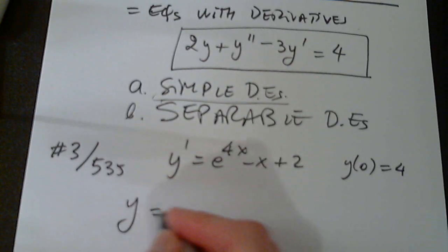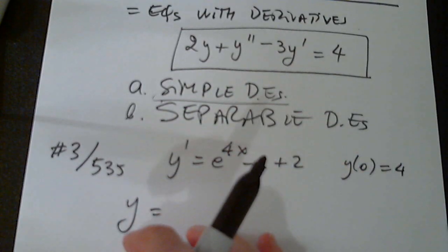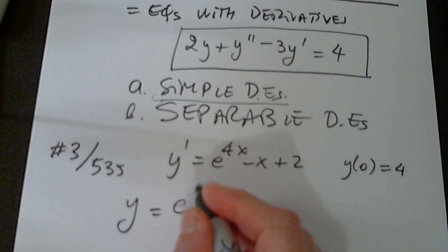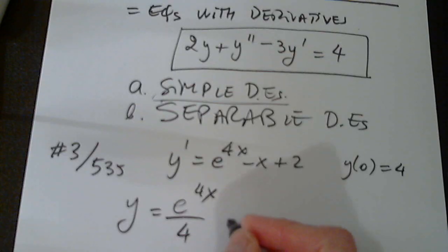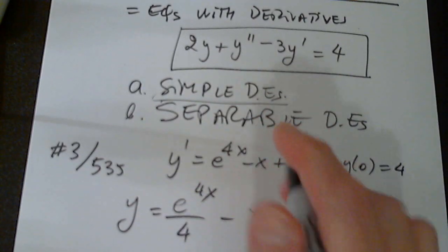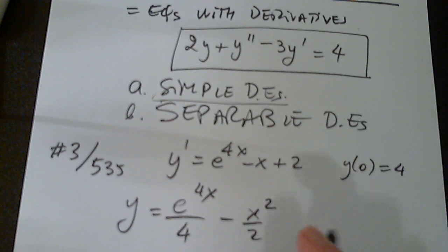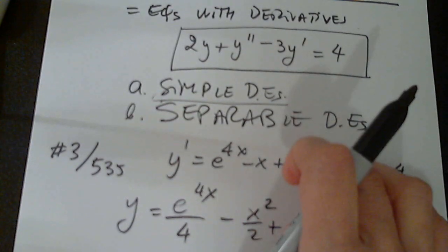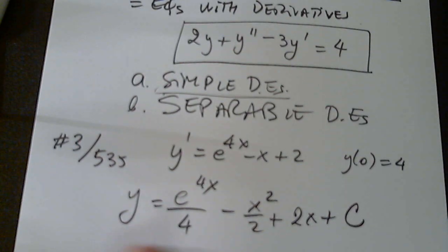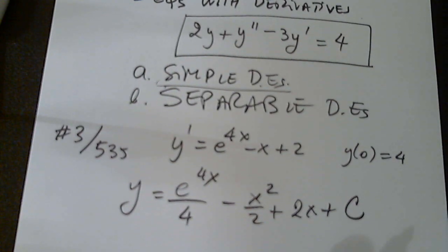So when y prime is this, y will be, which function prime is that? e to the 4x over 4 minus, which function prime is that? x squared over 2 plus, which function prime is this? 2x plus a constant c. Nothing different from what we did in chapter 4.